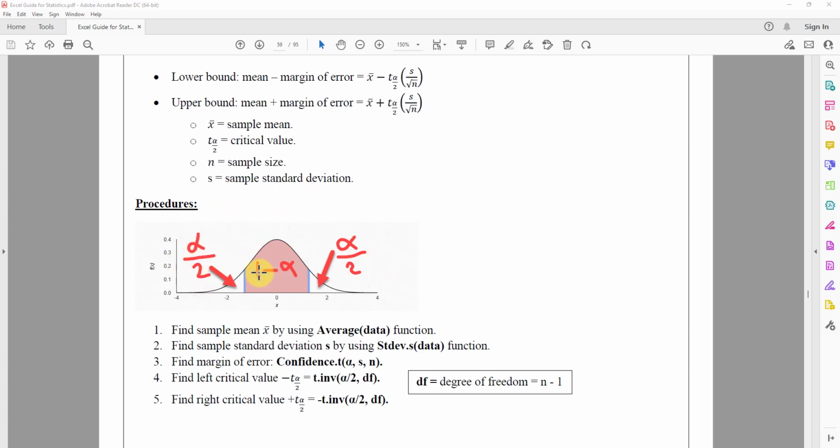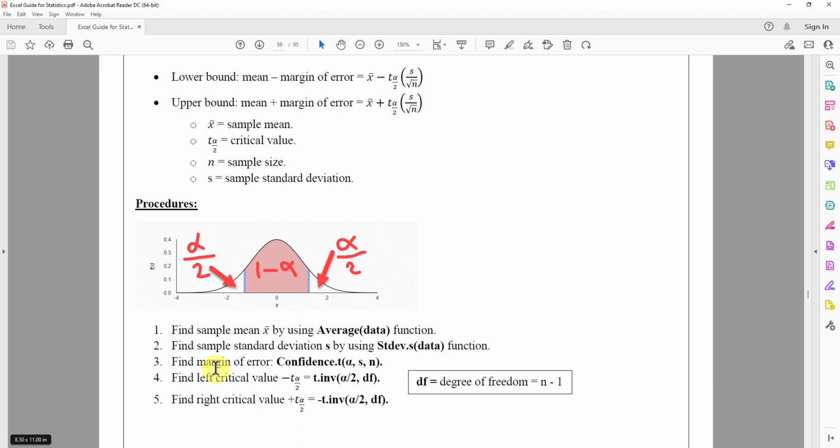We have alpha over 2 on the left and also on the right, and therefore the middle area would be 1 minus alpha. To find the sample mean, we use the average function. To find the sample standard deviation, we use the STDEV.S function, and we input the data to get the value of s.